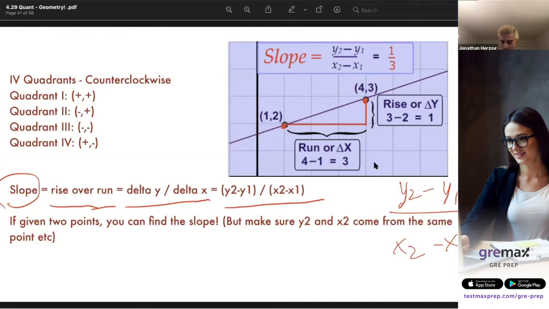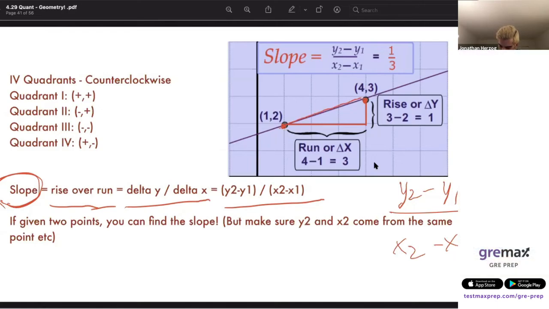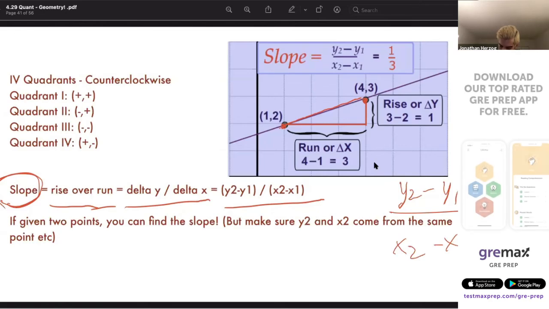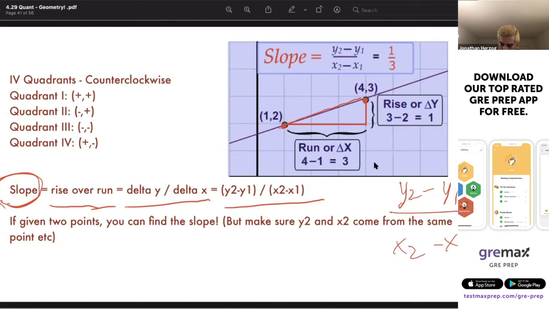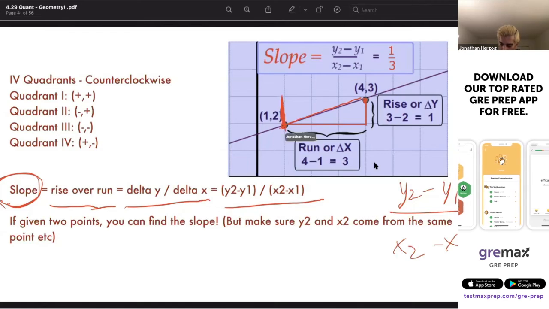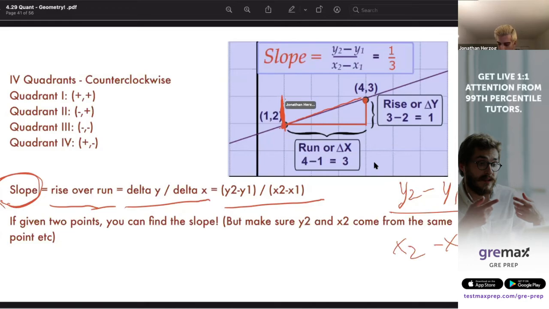Well, if we're looking at the slope of the line, or the distance between these 2 points, we can go either direction. So we're going to rise, go up 1 on the y-axis, and we're going to run horizontally 1, 2, 3 points on the x-axis.